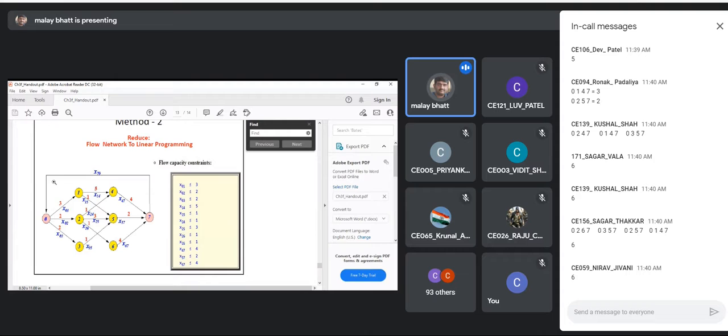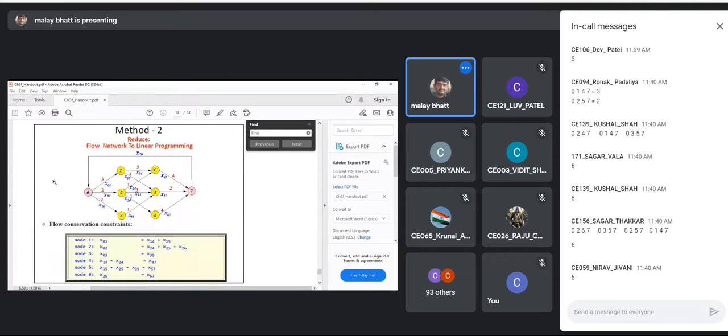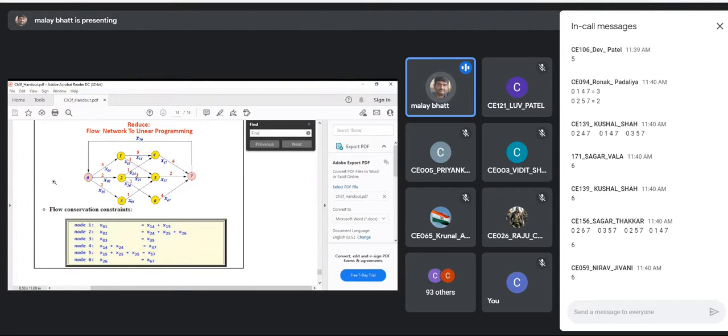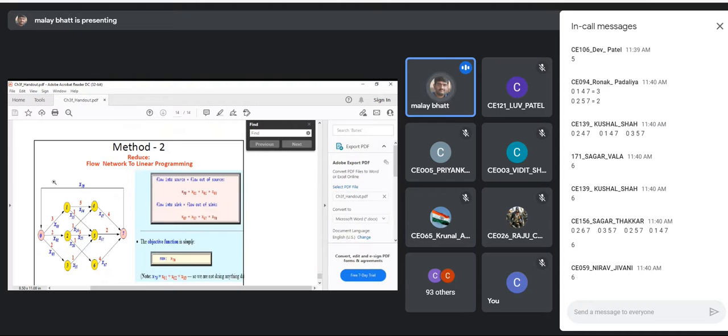The same flow conservation and capacity constraints will remain as they are. Only the change will be in the terms of the objective function. So we are adding these 2 lines: outflow must be equal to inflow. x70 is equal to the inflow to the node 0, so x70 is equal to x01 plus x02 plus x03.